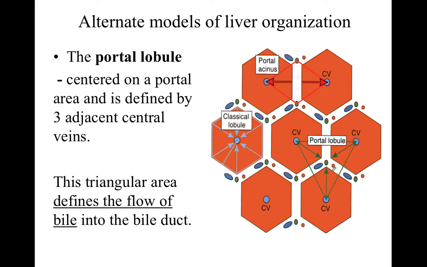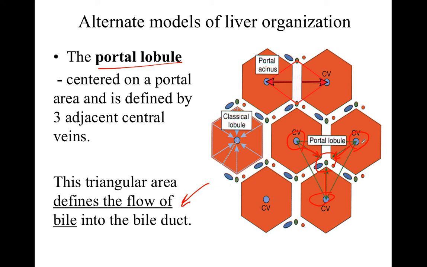So here in the center we have the portal area, and at the 3 angles we have the central veins. Usually this one describes the flow of the bile toward the portal area. We call this the portal lobules.